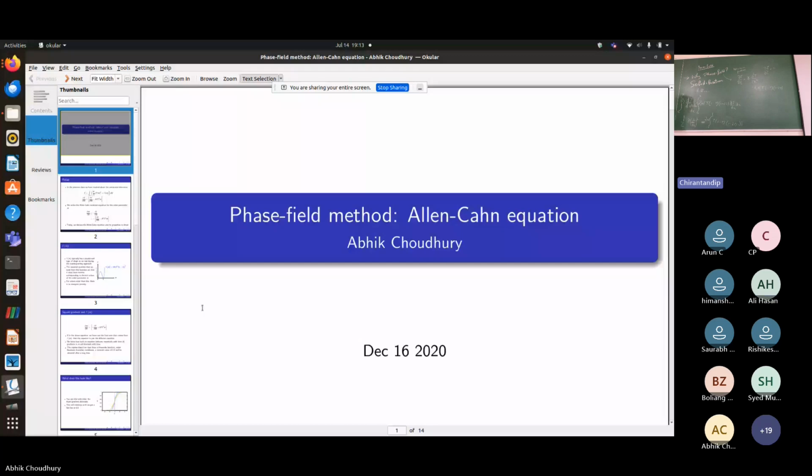So, can anybody tell me what the integration of this is? It's a polynomial. This you can check later. It's this. Okay?